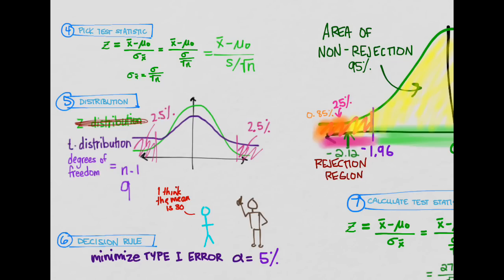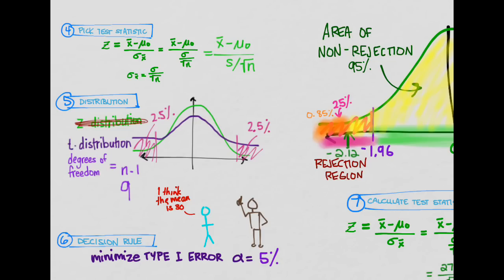And if you remember these distributions, the t distribution, the z distribution, these are probability distributions, meaning that the area underneath here is 1 or 100%. And so if you take 2.5% off here and 2.5% off here, that leaves 95% in the middle.